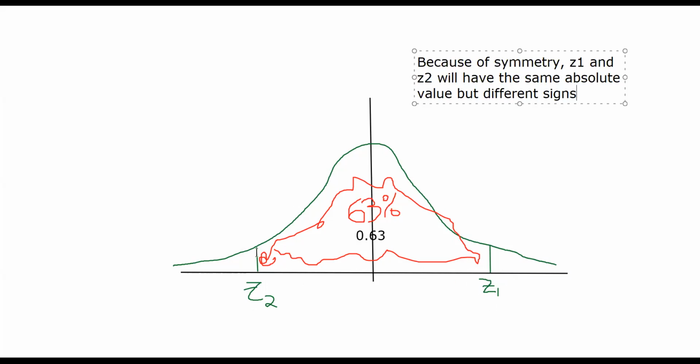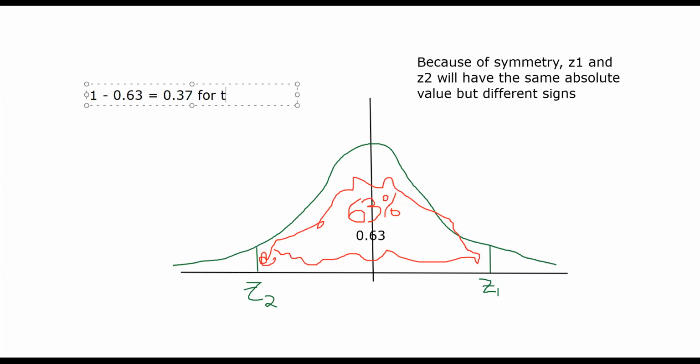Now, our chart is going to tell us the probability of being to the left of a specific value. So first of all, if 0.63 is in the middle, that's going to leave 0.37 for the tails.